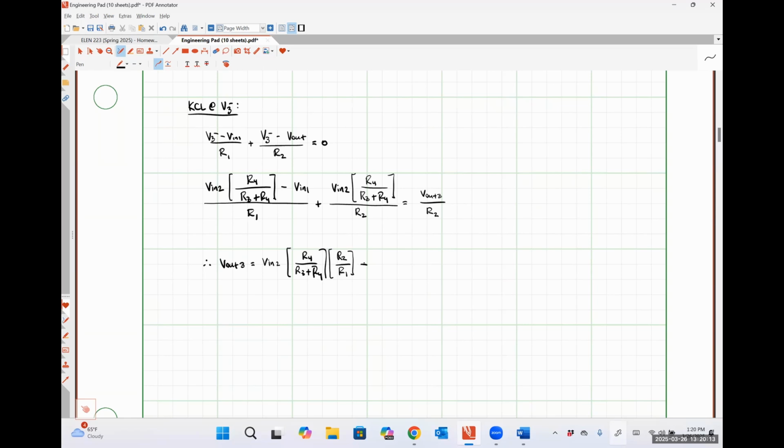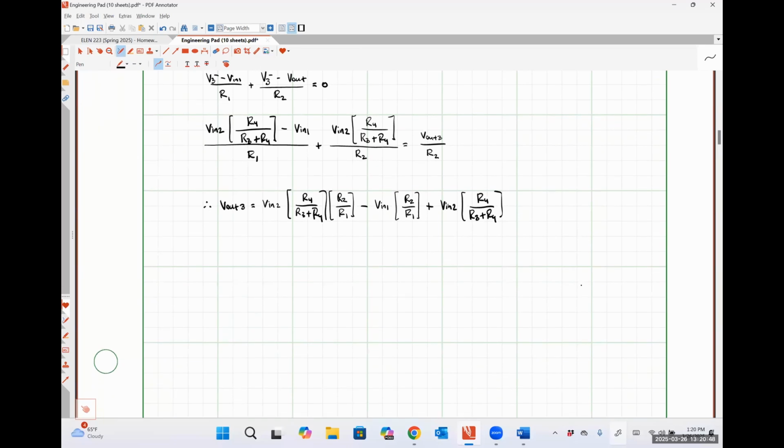I'm going to have minus Vn1 times R2 over R1. And then when I multiply that second term of Vn2 times R4 over R3 plus R4 all over R2 by R2, I just get rid of that denominator. So I'm going to have plus Vn2 times R4 over R3 plus R4.